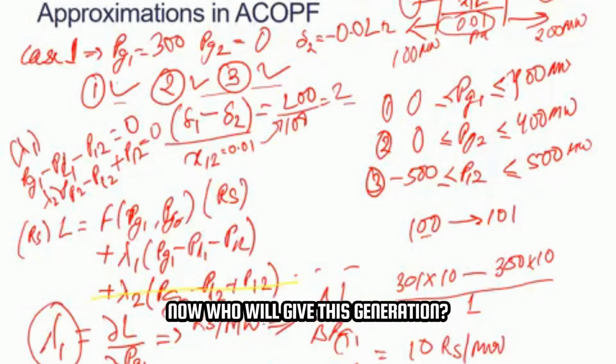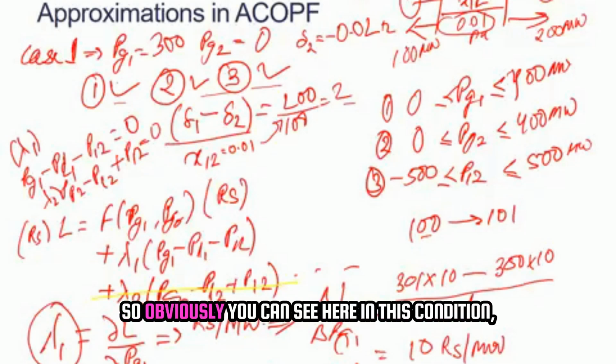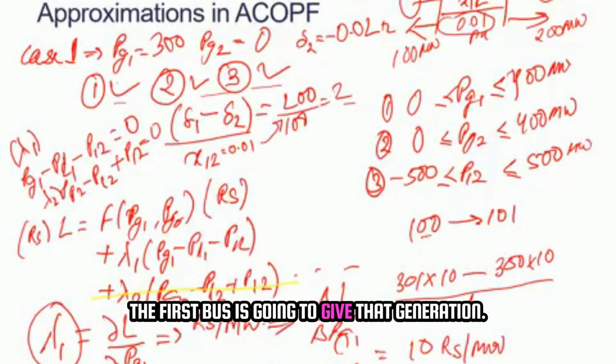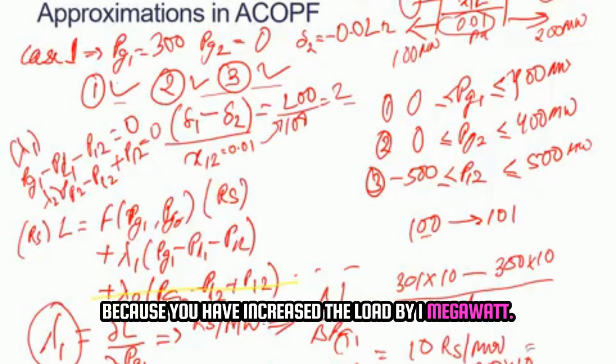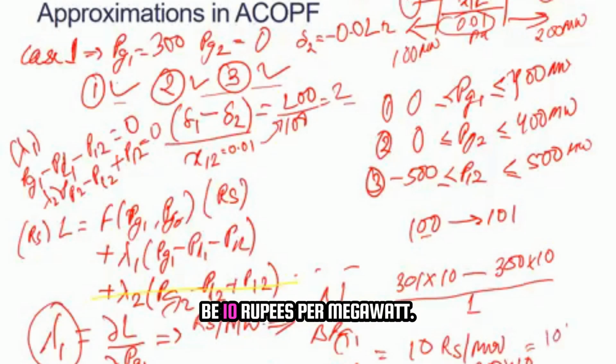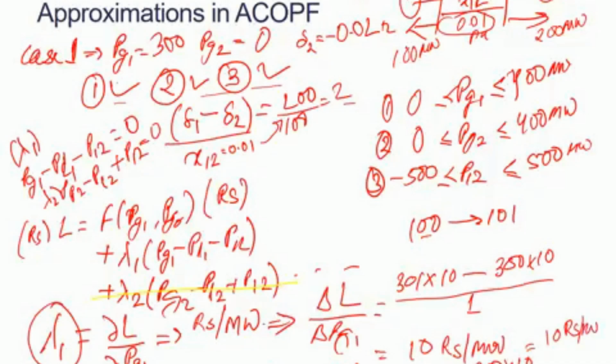Now who will give this generation? Obviously in this condition the first bus is going to give that generation. So it will be 301 into 10 minus 300 into 10, divided by 1, because you have increased the load by 1 megawatt. Eventually this will also be 10 rupees per megawatt.